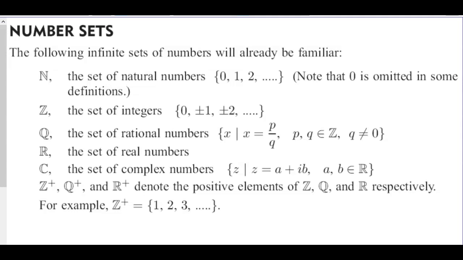Keep it simple. So number sets, if I use this notation, you have to understand what set of elements I'm dealing with. And this is something that we assume everybody knows. Everybody needs to write these down, print this off, have this, and actually practice writing these.